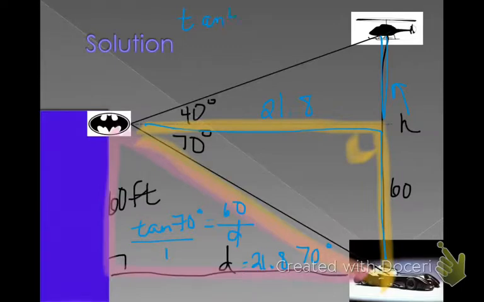We're going to be using tangent, but this time of the 40-degree angle. And this time we're solving for the numerator. Solving for this side, we get 18.3 feet, which makes the helicopter a total of 78.3 feet above the ground.